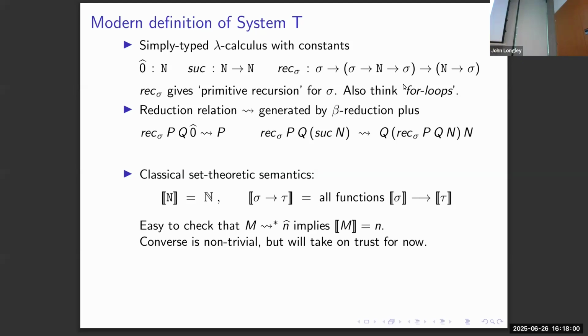Yeah, you really can think of this classical set theoretic semantics. You don't need domain theory or anything like that you might use to interpret other languages. So that's a plus.